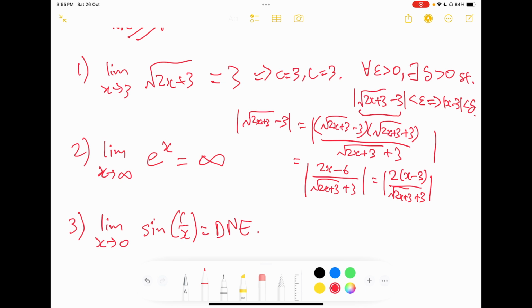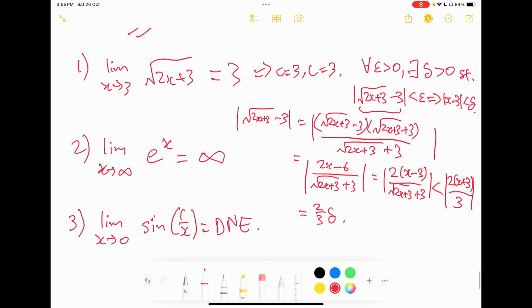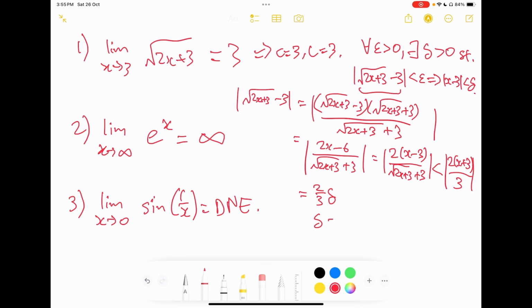Because the square root of 2x plus 3 is positive, right, this is actually less than just straight up 2 times x minus 3 divided by 3, because the denominator is smaller. So this is actually equivalent to 2 over 3 delta. So actually, if we set delta to be 3 over 2 epsilon, we found our answer. Alright, let me move the rest of these down.